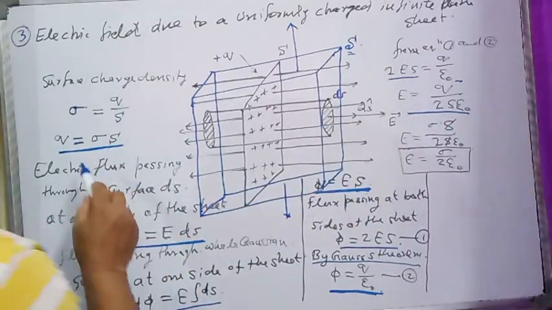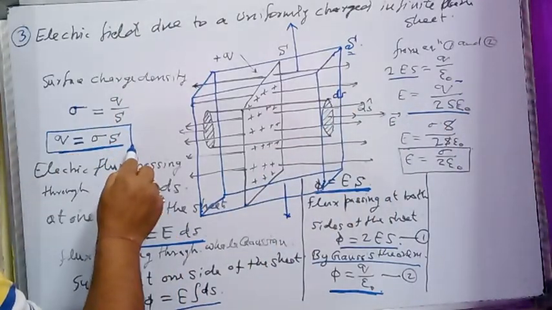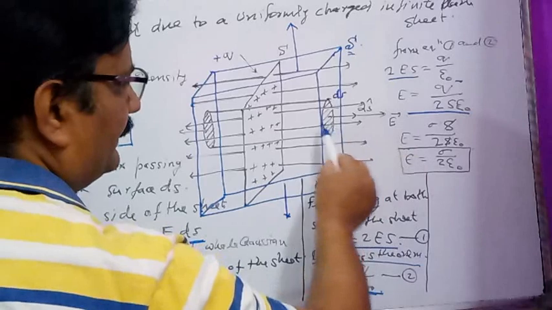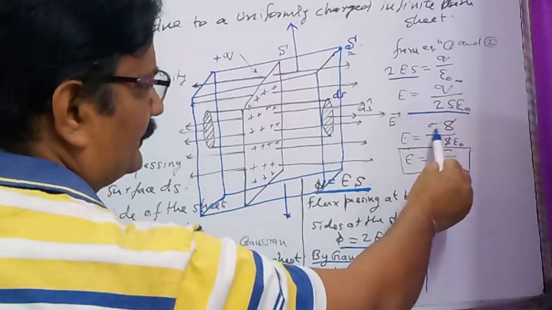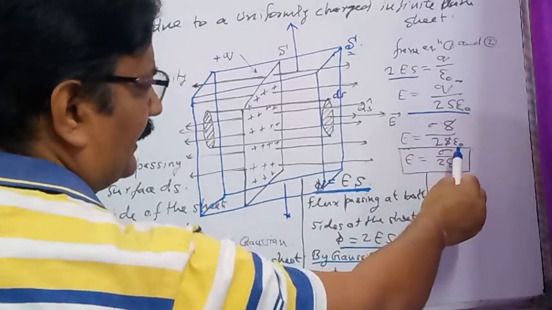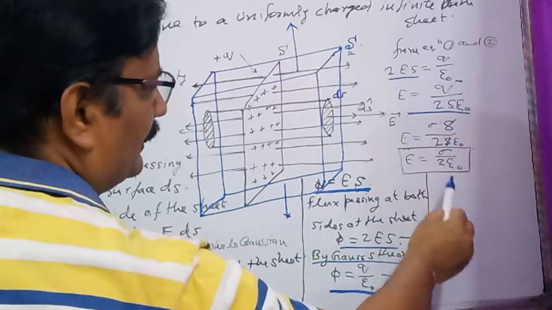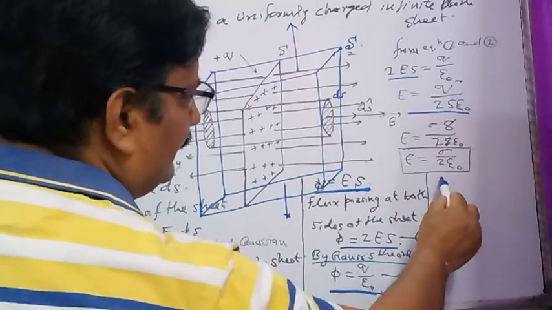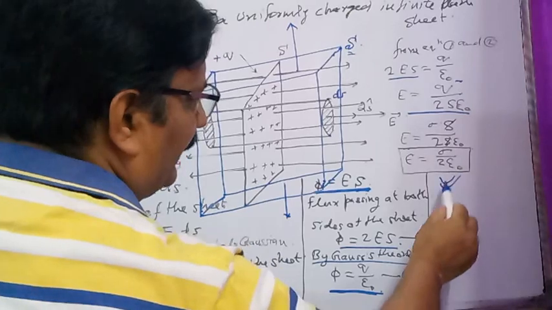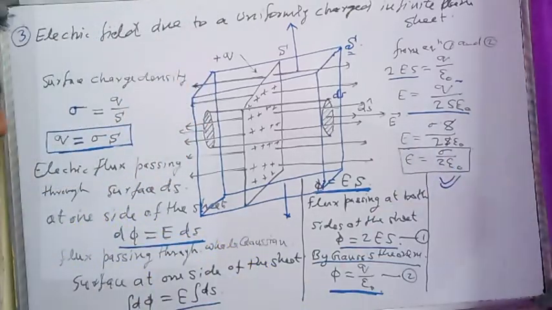If Q is replaced by sigma S, the electric field at this point E is equal to sigma S divided by 2S epsilon naught. S cancels out, so the electric field at the point E can be given as sigma divided by 2 epsilon naught.